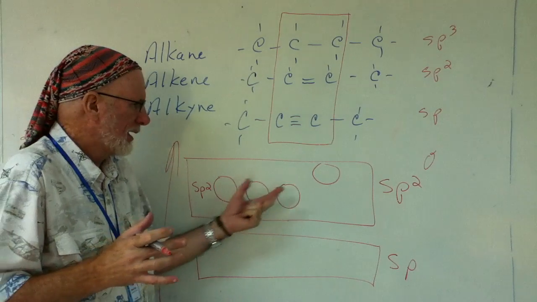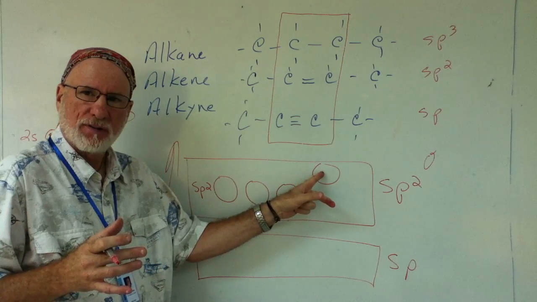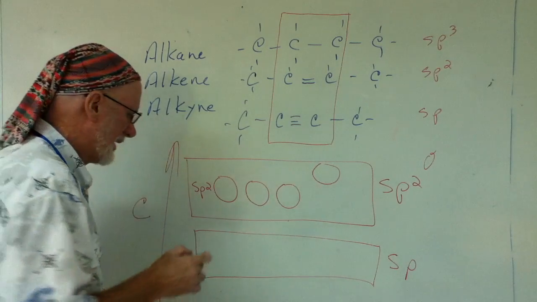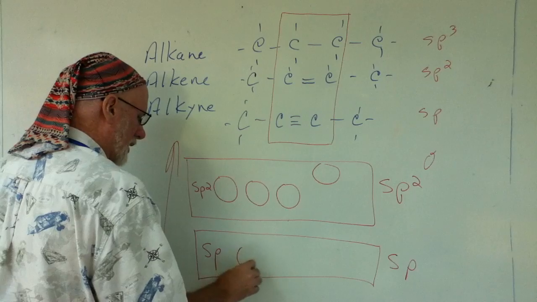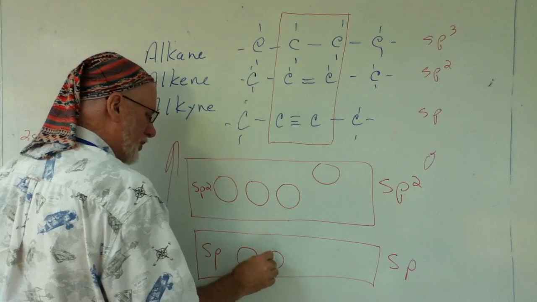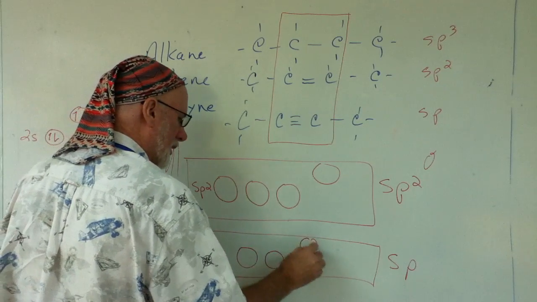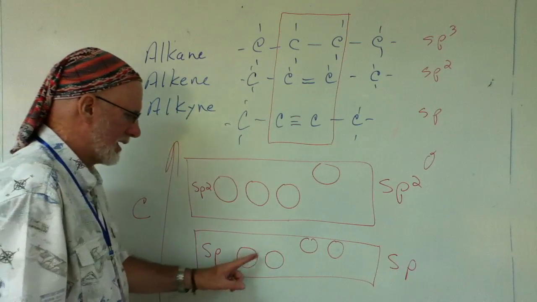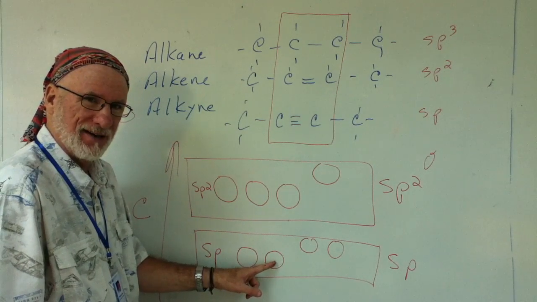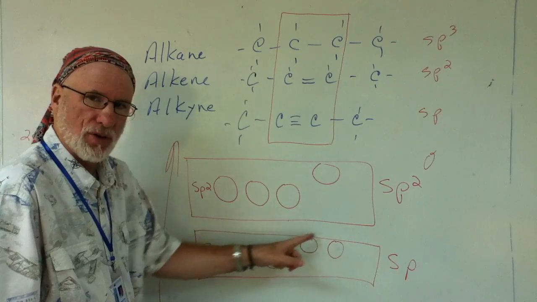And then we have one left over. And then down here, sp is going to be, we're going to have 2 down here, and then up here we have sp, s, and 1p. You get it?